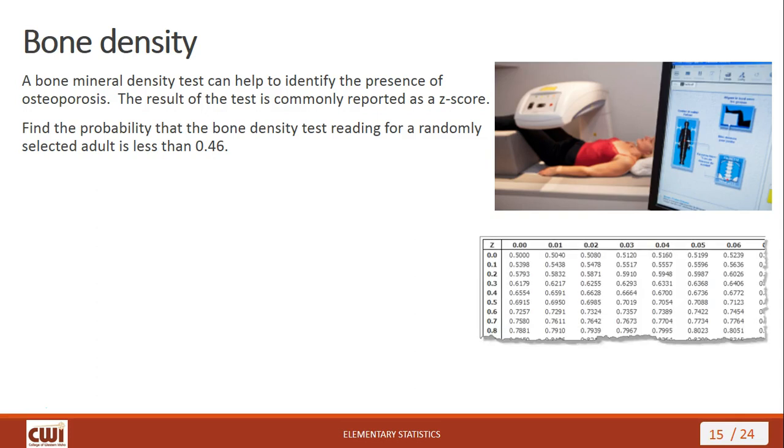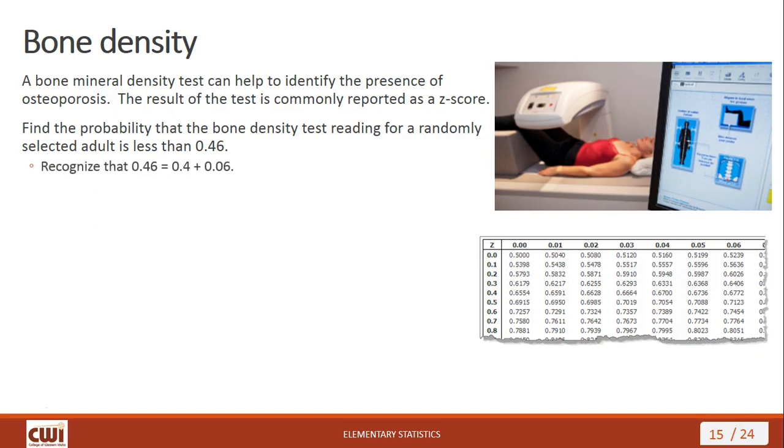So we go to our z-score table. Since the results of the test are commonly reported as z-scores, you can take that as sufficient evidence, if you will, that we're using a standard normal distribution, and therefore we can use our z-score table.